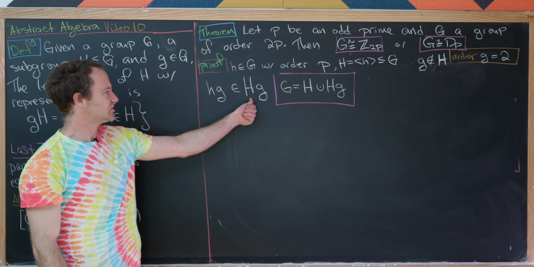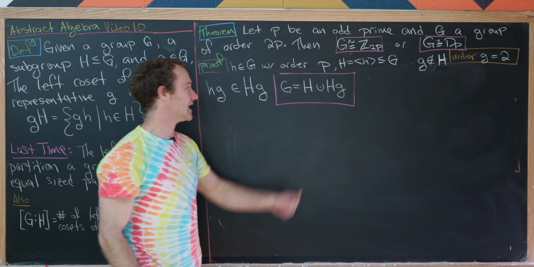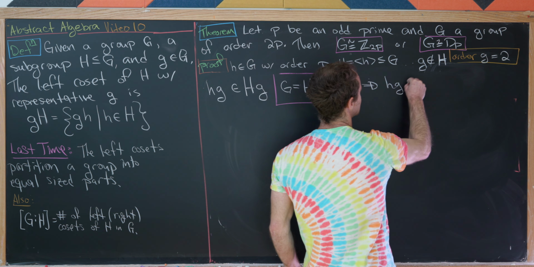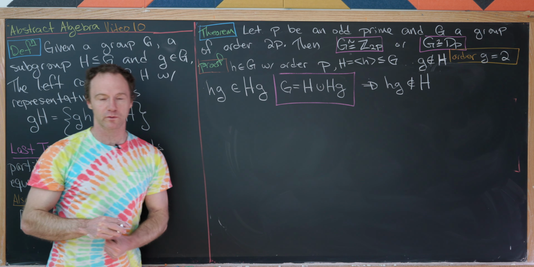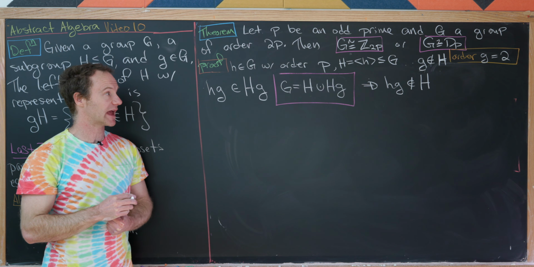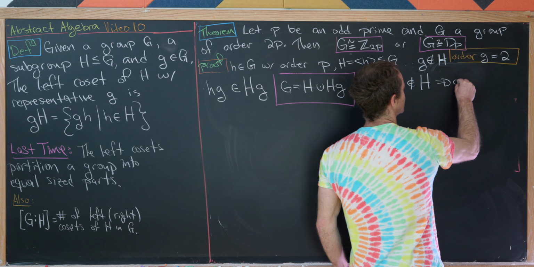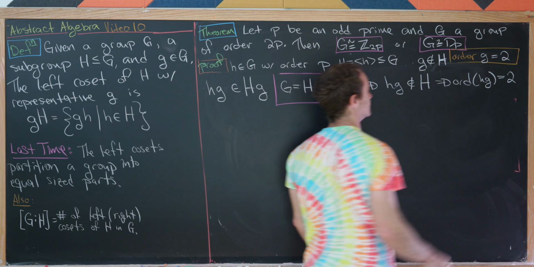But notice if hg is in Hg, then that means it's not inside of H. So hg is outside of H. But on the previous board, we proved that everything outside of H was order 2. So that means we know the order of hg is equal to 2.